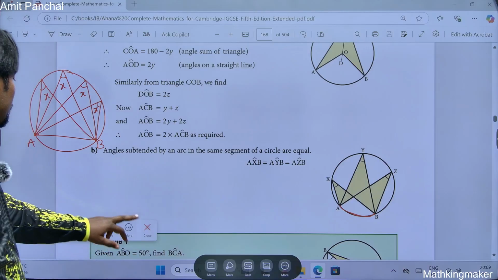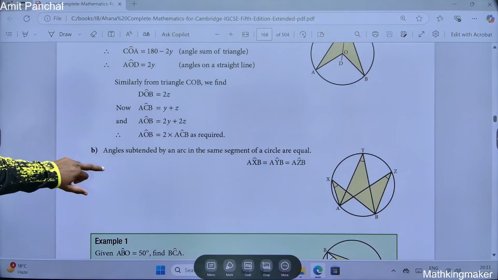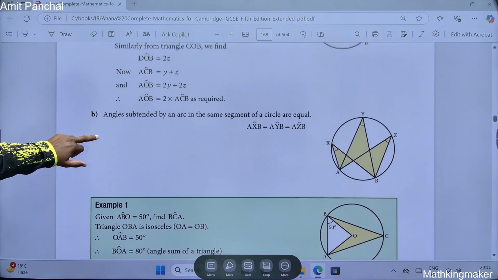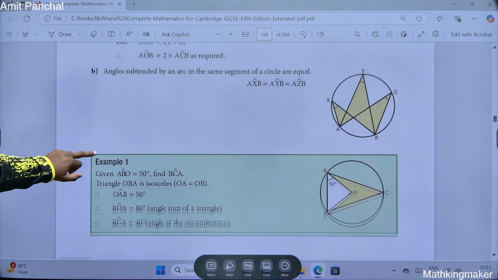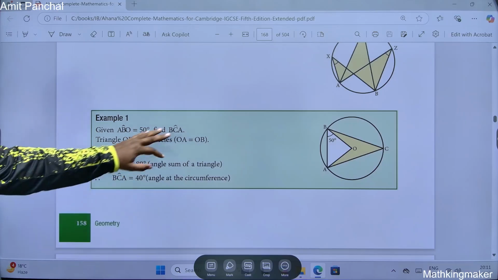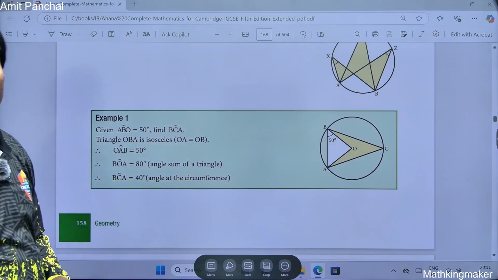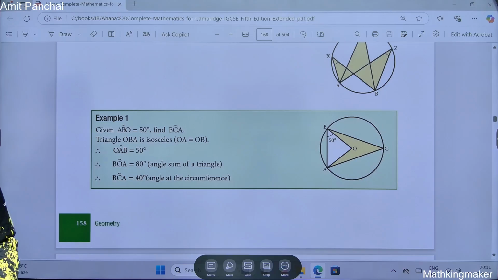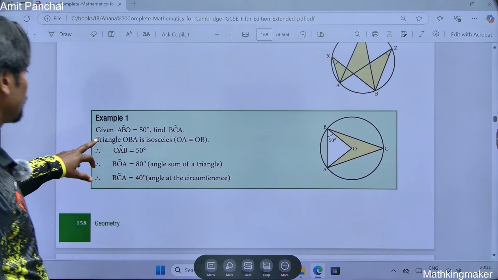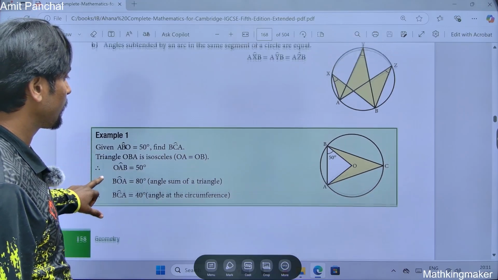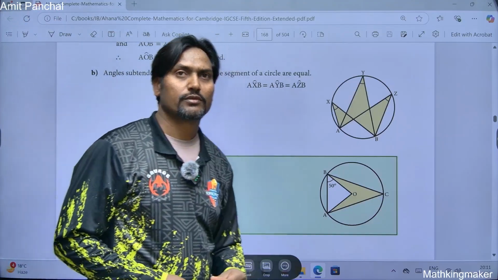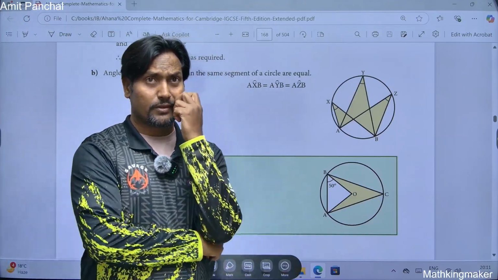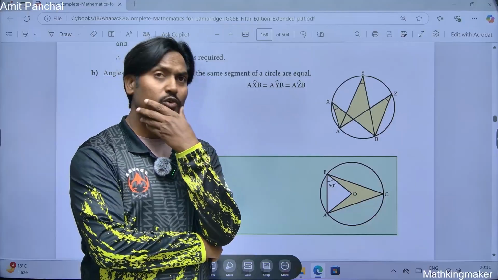Okay, now it's your time to do questions. Just make this figure in your notebook.